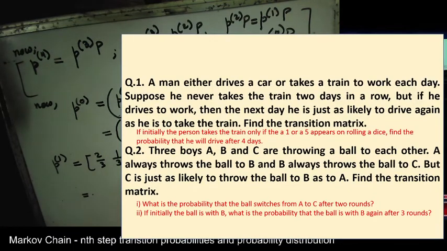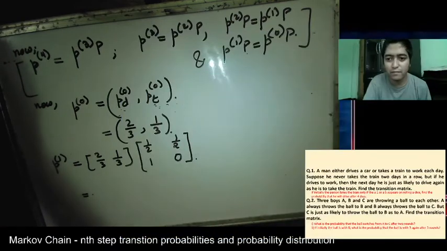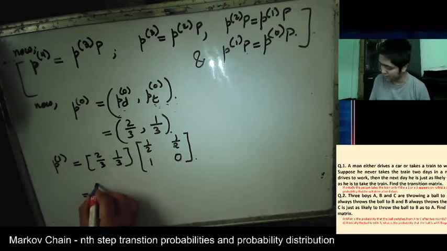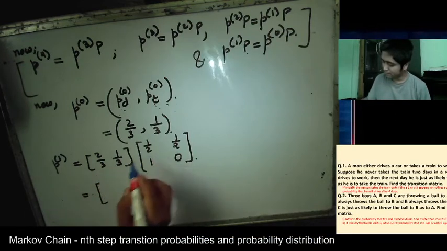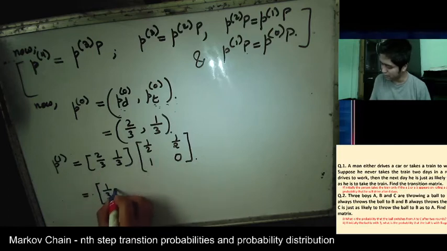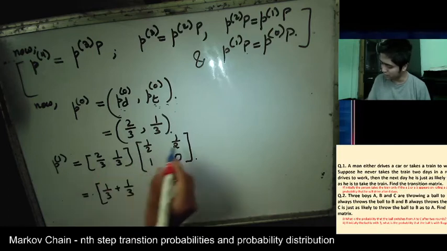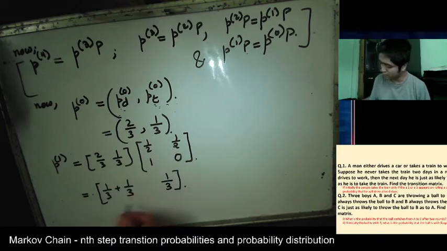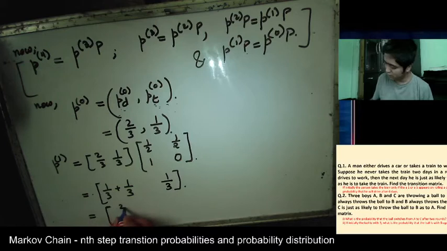It's 1, 0. So this is how we calculate. Now we can just simply find: 2 by 3 with this one will be 1 by 3 plus 1 by 3, and over here we'll have 1 by 3. So P1 will be 2 by 3, 1 by 3.